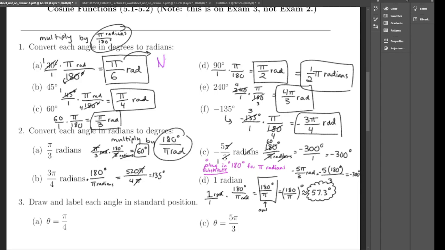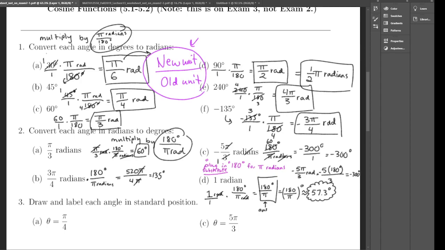We always want the new unit divided by the old unit as the thing to multiply by. That's the version of this fraction, pi over 180 or 180 over pi, to multiply by, which is why you don't want to actually think about it as pi over 180 or 180 over pi. You want to think of it as pi radians over 180 degrees, or 180 degrees over pi radians. Keeping track of your units is very important in these kinds of conversions, or you will get very confused very fast.